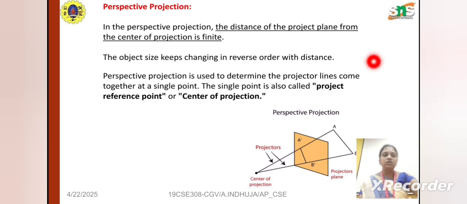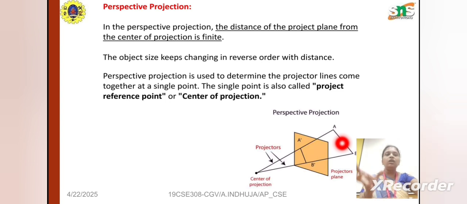In this diagram, consider this as an object, and we consider a straight line. This line will be projected onto the screen with non-parallel lines, and these lines converge at a point. That point is called the center of projection. So we have an image on the flat surface, but it is not the same size as the object in the real world.